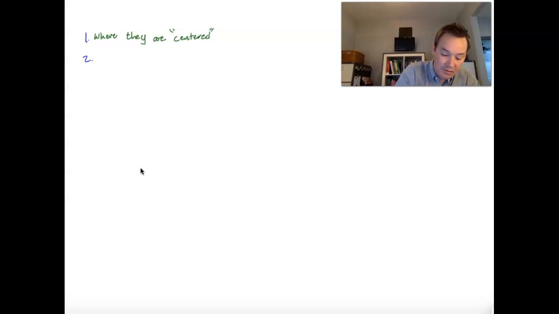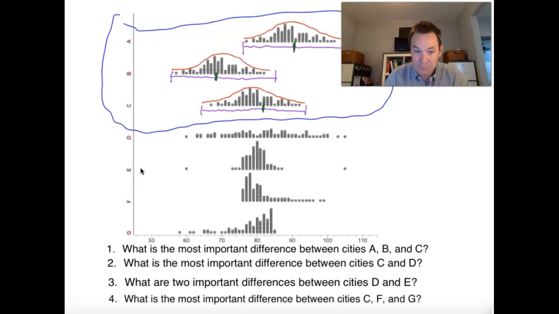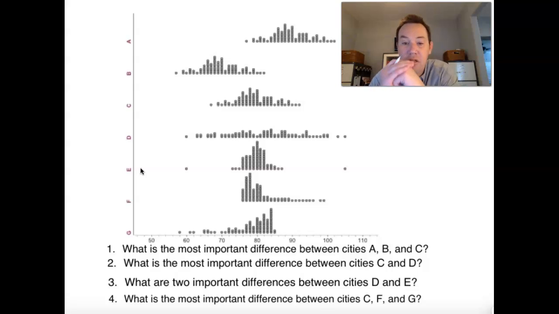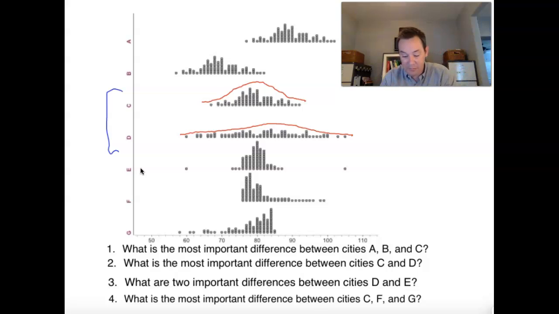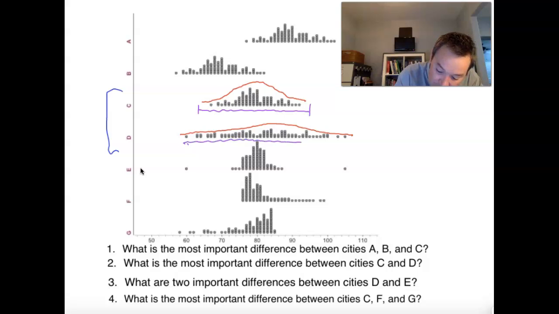All right, so let's answer number two. What's the most important difference between cities C and D? So looking at C and D now. So if I trace over C, okay, roughly symmetric. D, also roughly symmetric, but in a different way. And the key difference there, if I look at how spread out they are, there's an obvious difference, right?